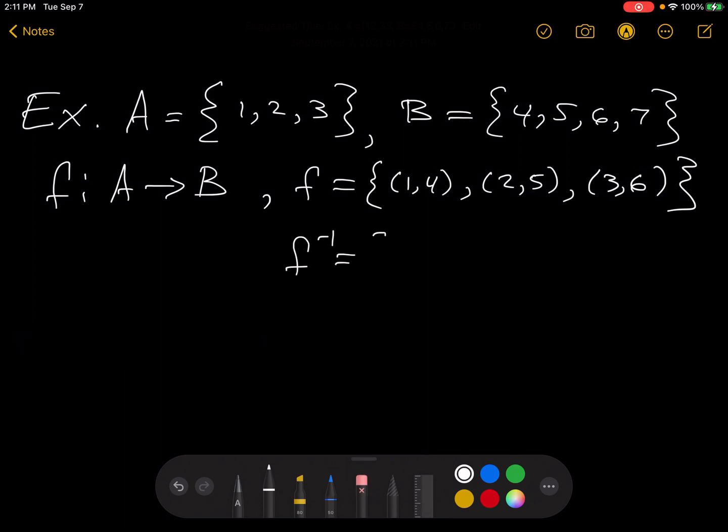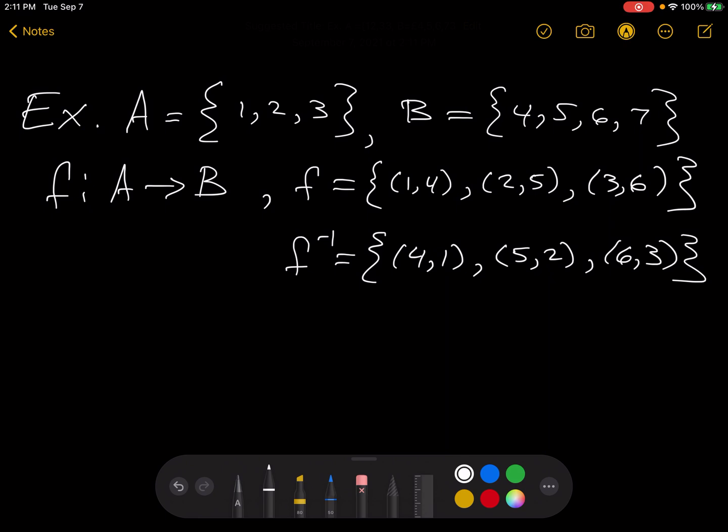F inverse is (4, 1), (5, 2), and (6, 3). And now the question is, is f inverse, the inverse relation, also a function?